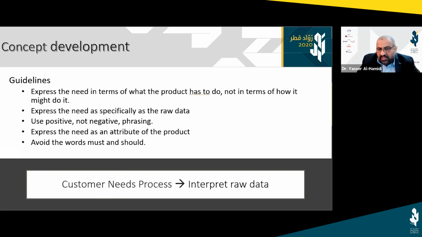And the remaining 3 are just to ensure consistency of phrasing and style across all team members, because again, the raw data will be collected by different team members. I would like to stress the point that customers often express their preferences by describing solutions or solution concepts. You need to make sure that your need statement expresses just the need, independent of any particular technological solution.